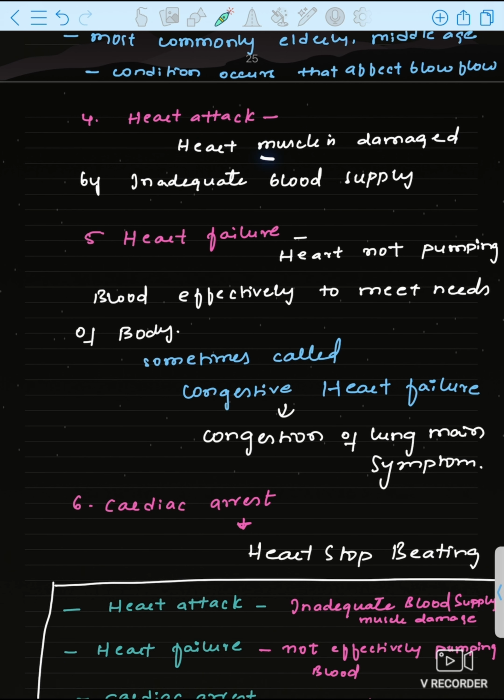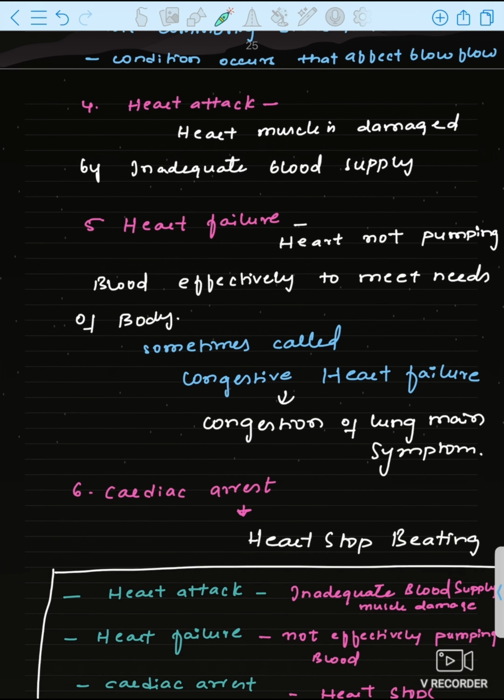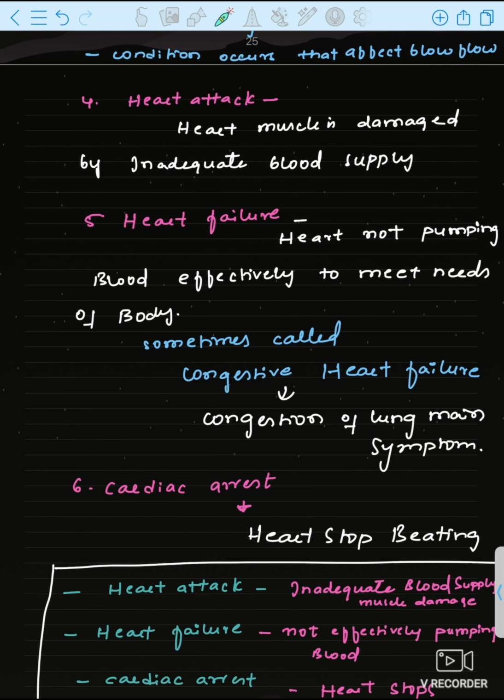Heart attack. Attack means what? Heart muscle is damaged by inadequate blood supply. After angina, heart attack will occur. These are the steps. Due to inadequate blood supply, what happens? Heart muscle is damaged and heart attack will occur after angina. Heart failure means what? First of all, what is the function of the heart?